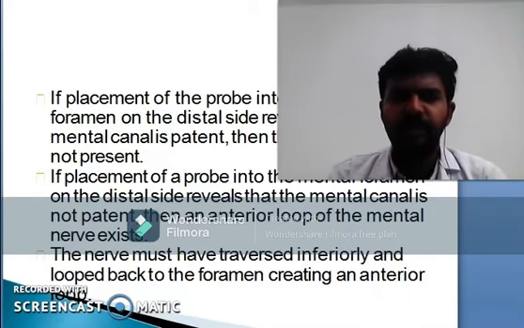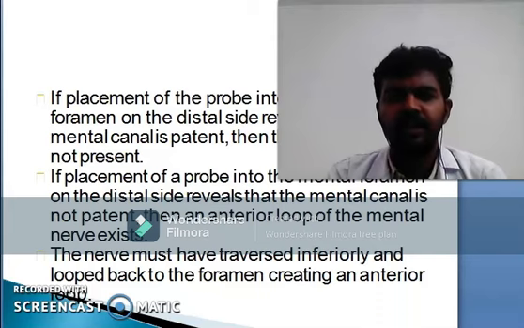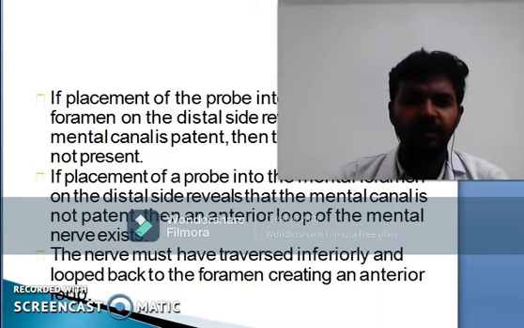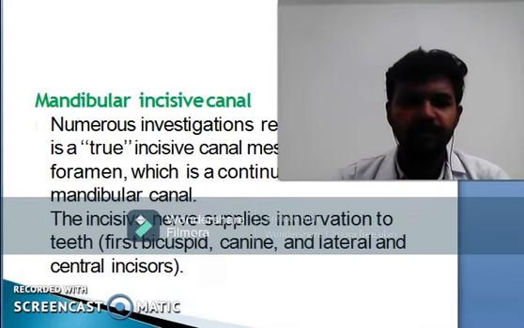If it reveals that the mental canal is not patent and the anterior loop of the mental nerve exists, the nerve must have traversed inferiorly and looped back to the foramen, creating an anterior loop.